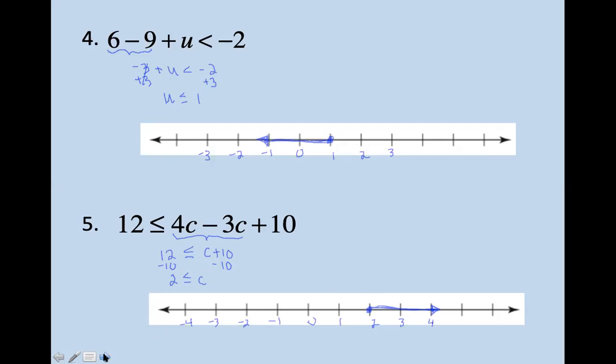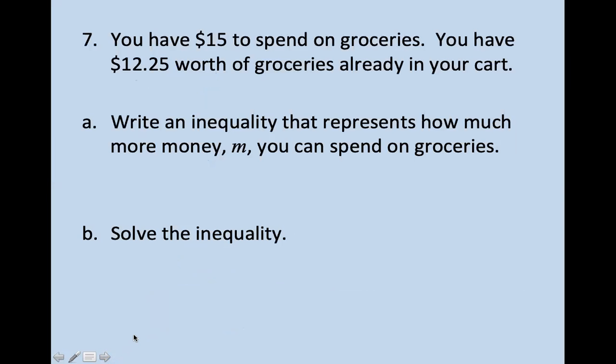All right, next. We have some word problems. Let me move this out of the way so you can see. It says you have $15 to spend on groceries. You have $12.25 worth of groceries already in your cart. And part A says, write an inequality that represents how much more money M you can spend on groceries. All right, well, I know I have $15.